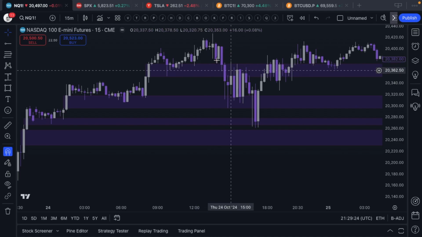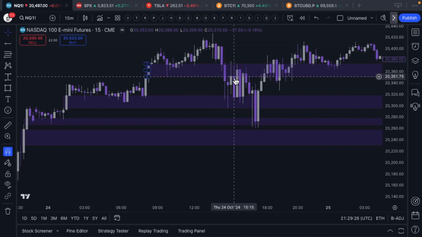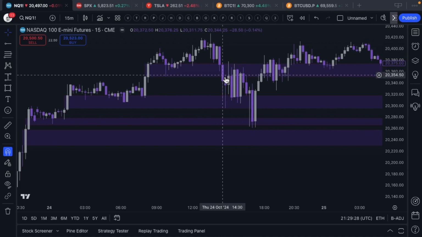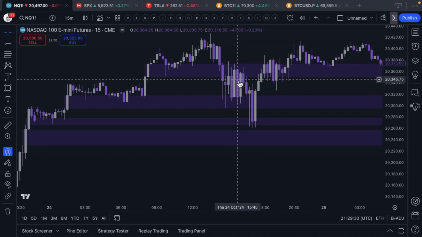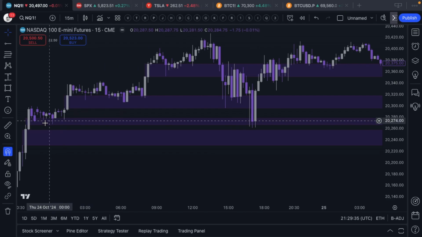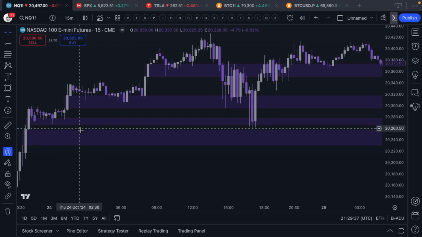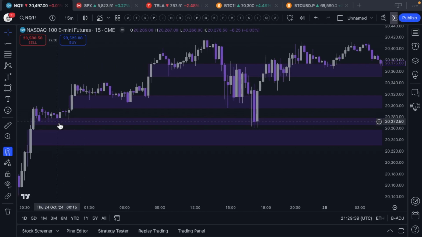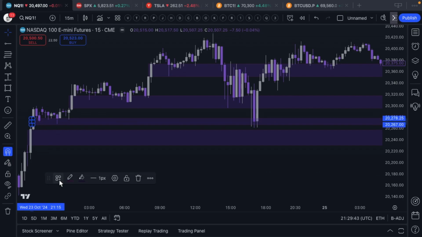So there's no reason to really get antsy about this, all right? There's nothing in terms of fair value gaps that's telling you, yeah, this is over. And then price comes down into this old fair value gap that has now switched from a fair value gap into a support and resistance level.